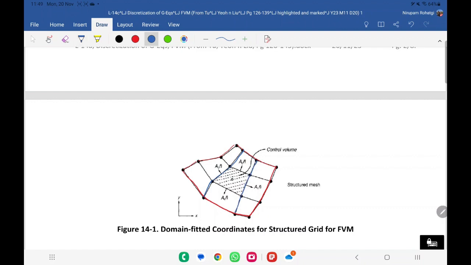Your axes have a curve or a different shape. Your axes are not like this; they can be like this and like this. You can have curves as the coordinates, as the axes. So when you want these squares, the squares will come like this.